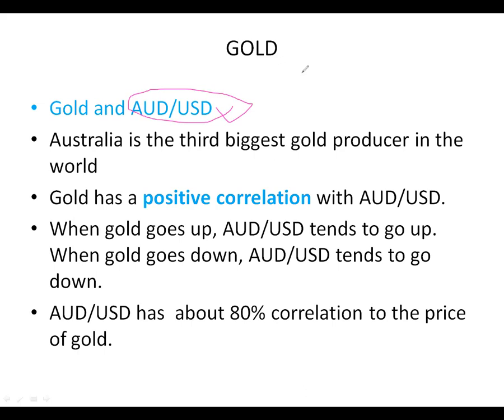First of all, let's read some few notes. Point number one, Australia is the third biggest gold producer in the world. Gold has a positive correlation with AUDUSD, and we will explain that.